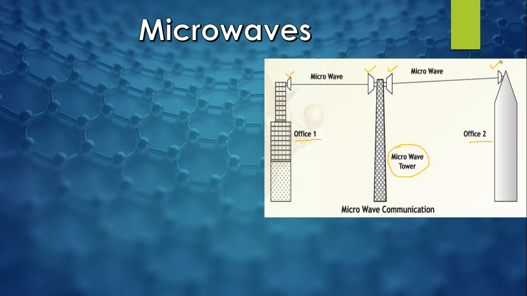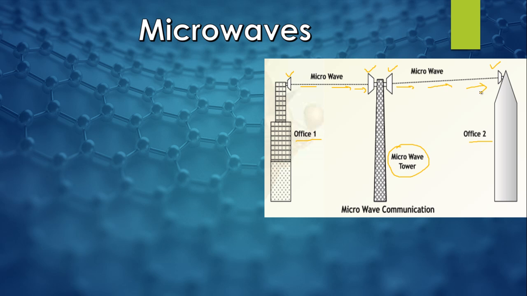Okay, so the data from office 1 first is converted into the form of signals, that is microwave signals, and then it moves from source to the destination point. Right. So this is the destination point for it, and once it reaches over there, then the other antenna of this tower transmits the data further to office number 2.